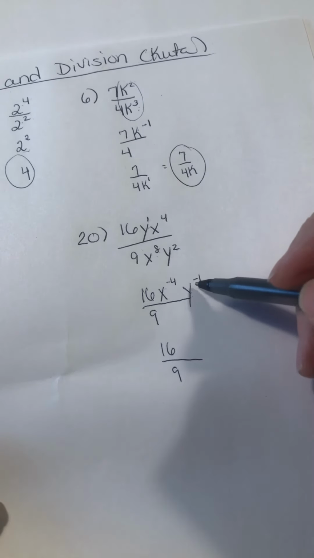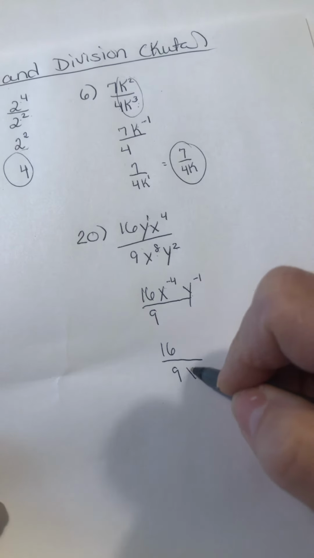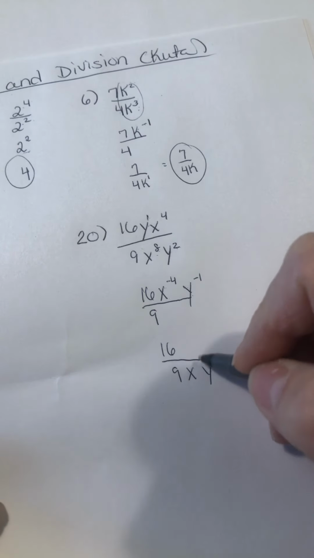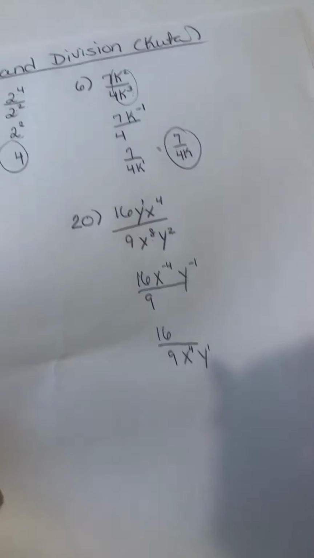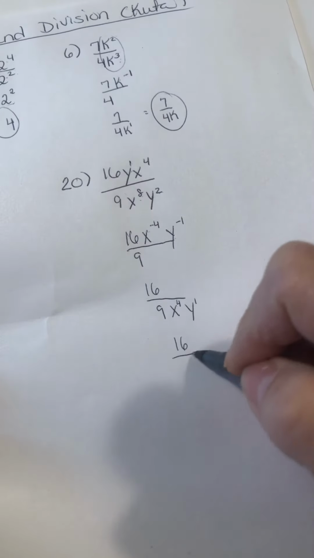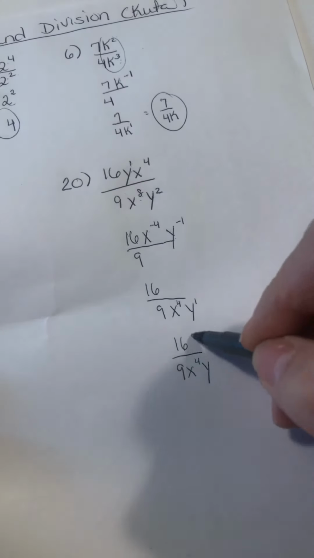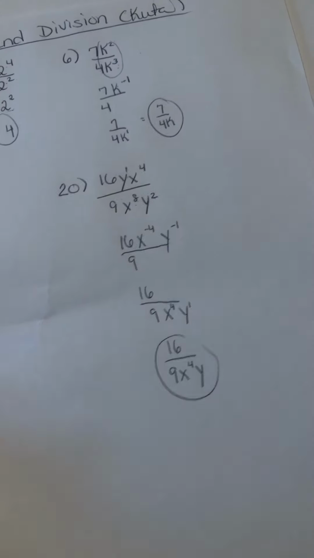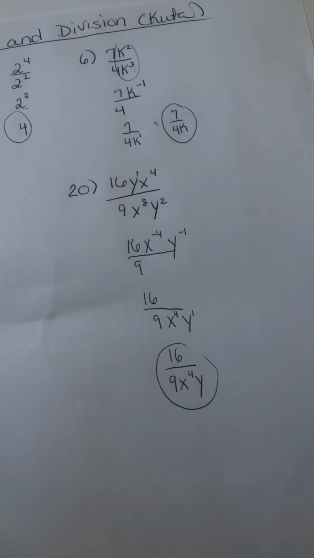We're going to take the reciprocal of these bases, so they're going to go from top to bottom, both of them, and the exponents are going to go with them, and they're going to be changed to a positive. And so we end up with 16 divided by 9x to the fourth times y, and this one is all the way simplified.